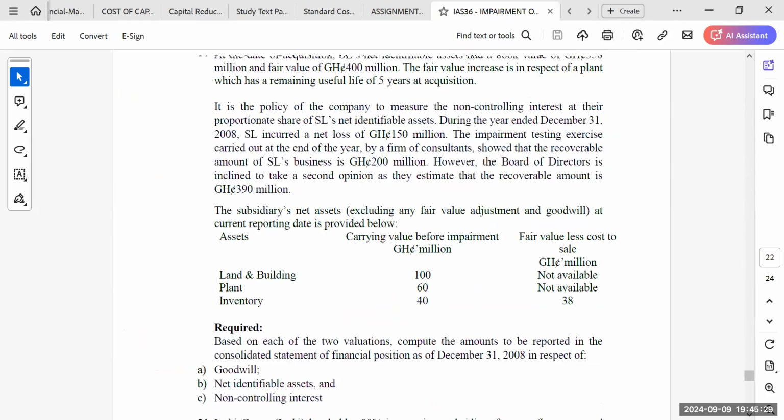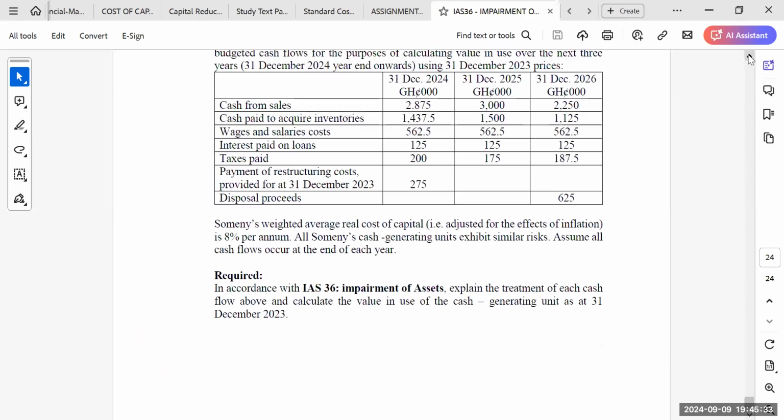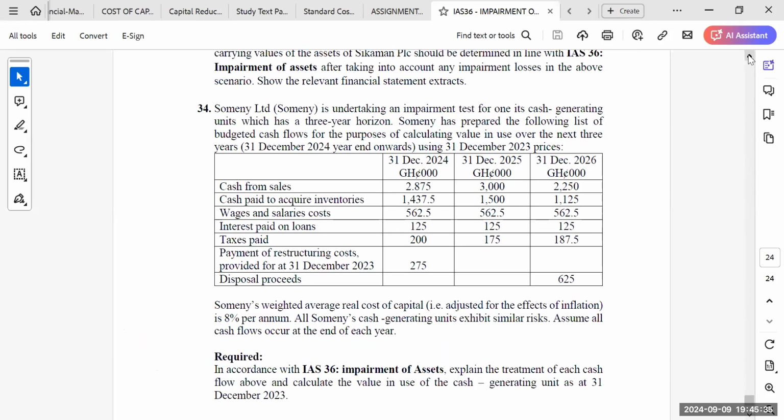Okay. It's also about this one. Question 34. Samoni Limited is undertaking an impairment test for one of its cash generating units, which has a 3-year horizon.